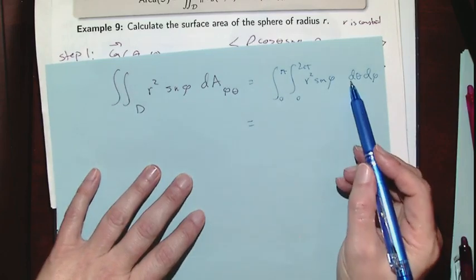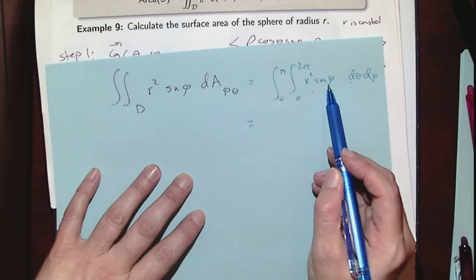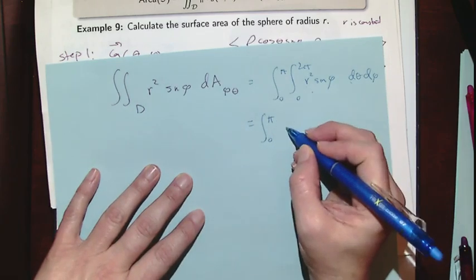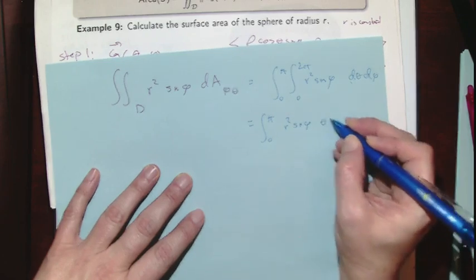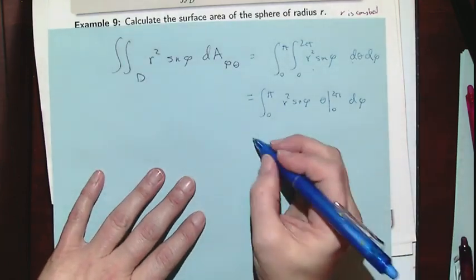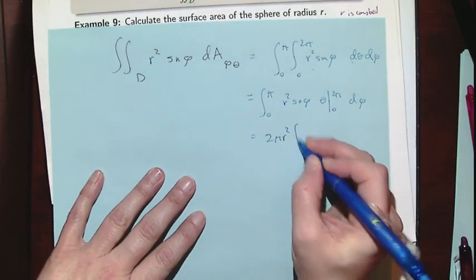Now r squared and sine of phi are both constant in terms of theta. So I get 0 to pi, r squared sine of phi, and theta from 0 to 2 pi gives 2 pi. And r squared is constant, so it comes out.